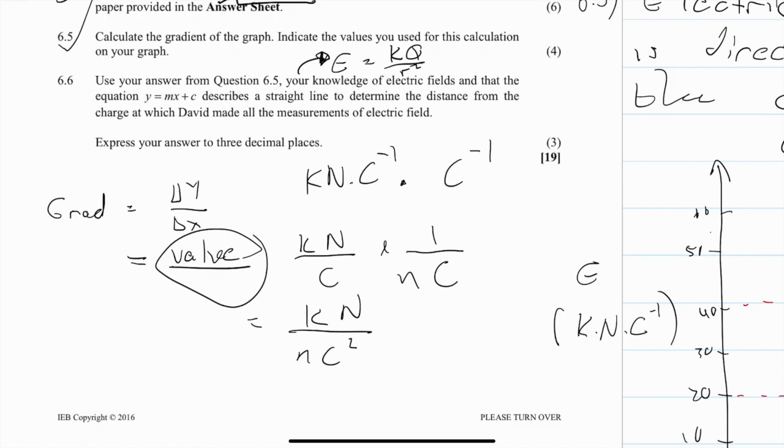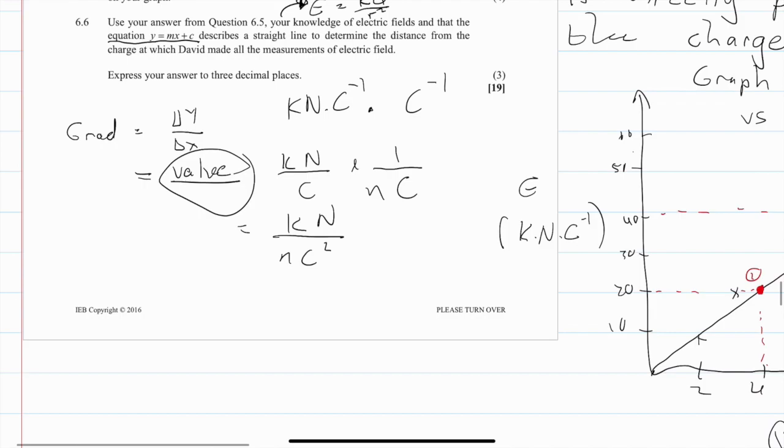And the equation y equals mx plus c. Basically it's trying to say, for 6.6, E equals kq over r squared and y equals mx plus c, right? But my c, because it goes through the origin here, goes to 0.